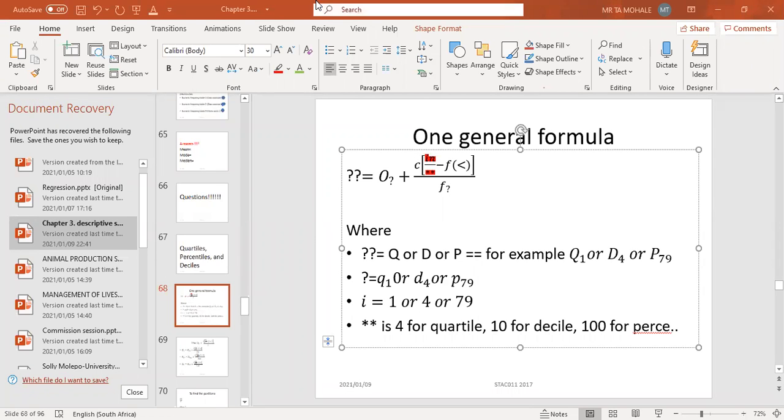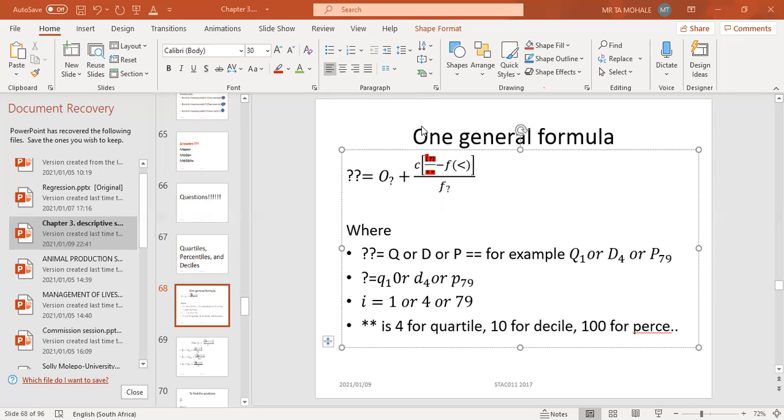Why are we dividing by 100? Let me ask someone in the chat room. I can see others are active, but others are not. Why are we dividing by 100?